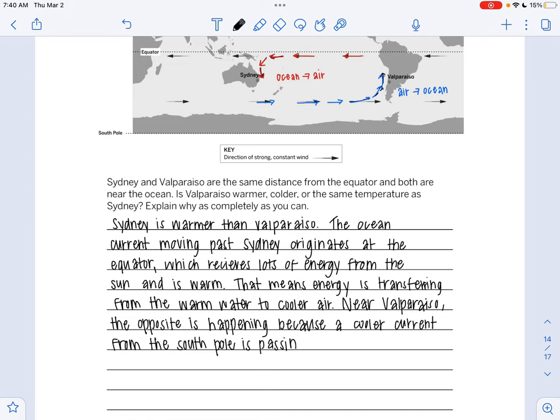Which means instead of energy transferring from the ocean to the air, we have energy transferring from the air to the ocean.